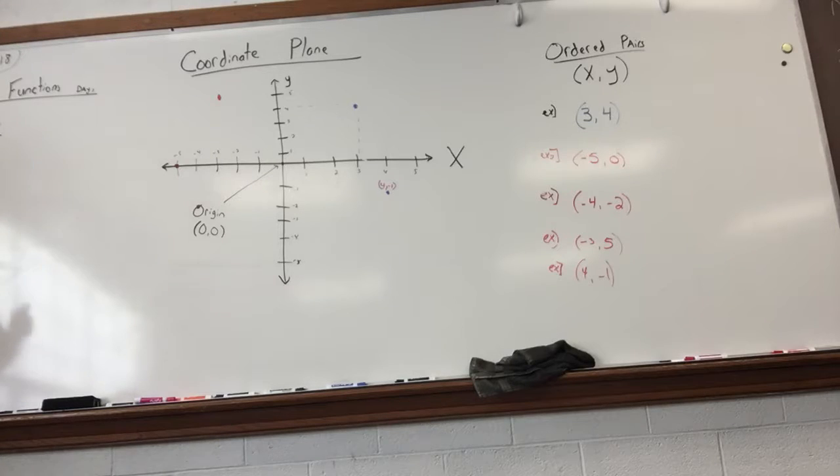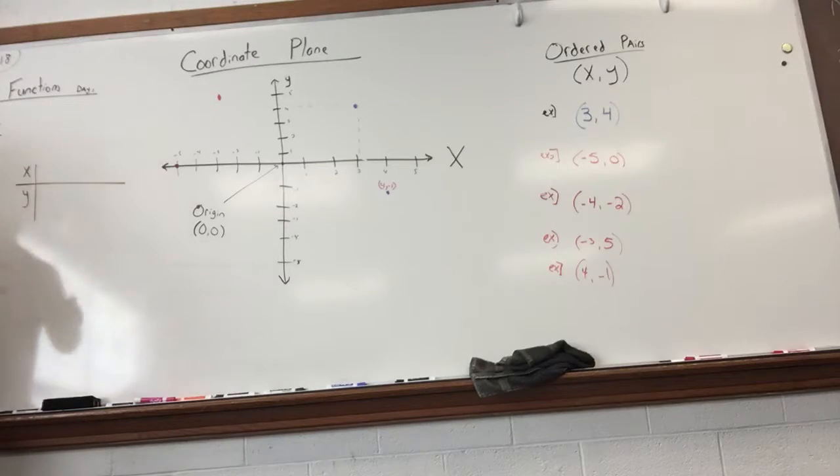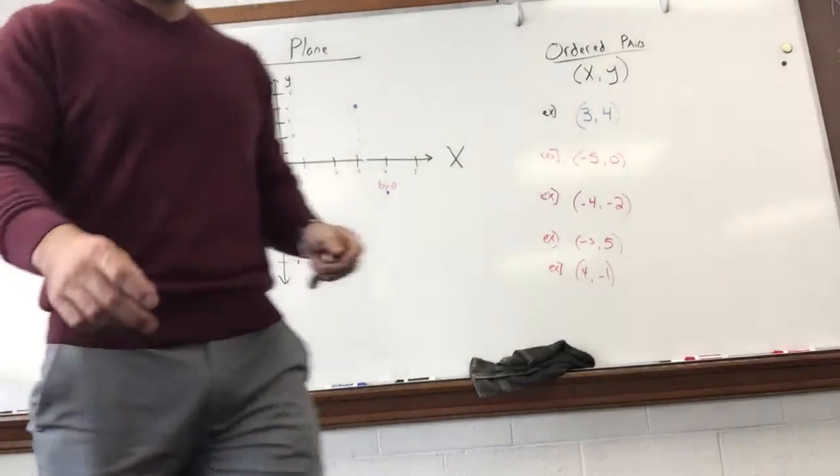T-charts will look like this or this. Notice X is either on the left or on the top. X comes first. When we read from left to right or from the top of the page to the bottom of the page. Oh, we can't see this.